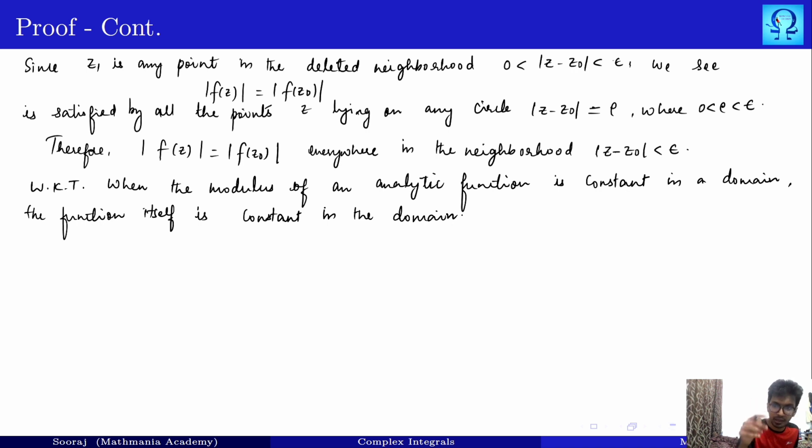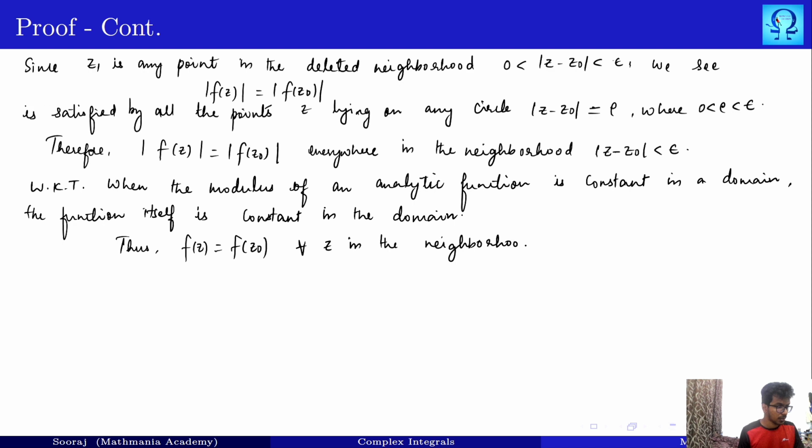That is why we have the article 'a' before domain and 'the' before domain there. Okay, so with which we just conclude f of z equals f of z naught for each point z in the neighborhood. And this completes the proof of the lemma. Thank you.